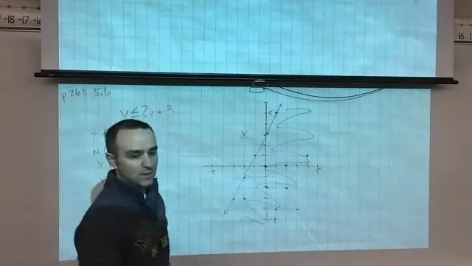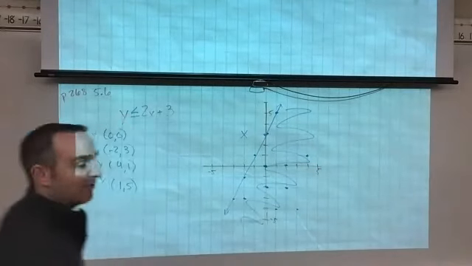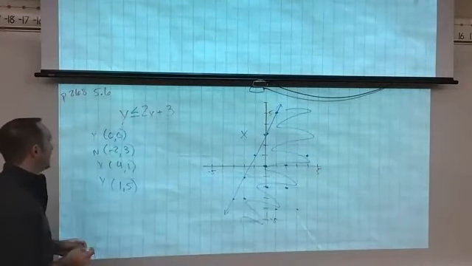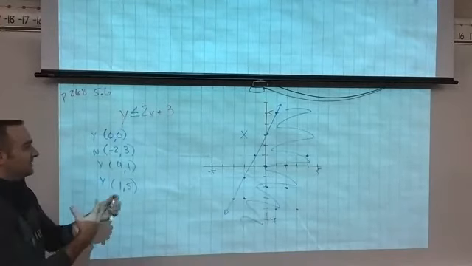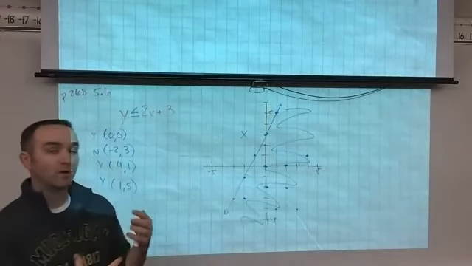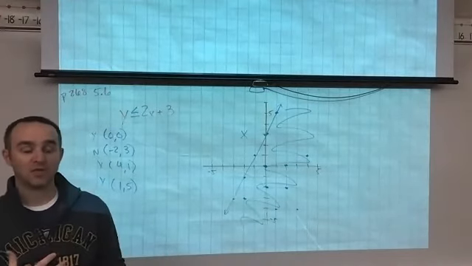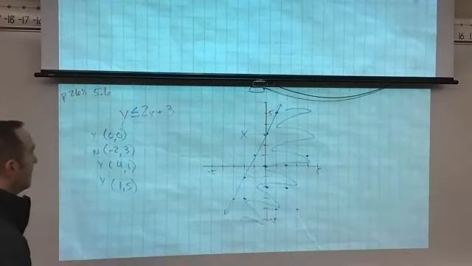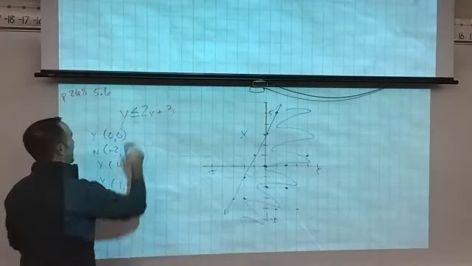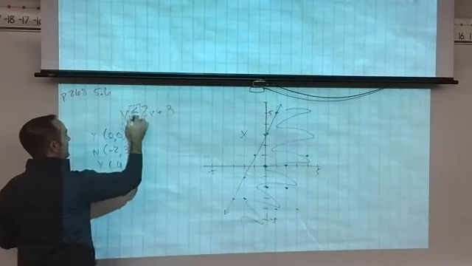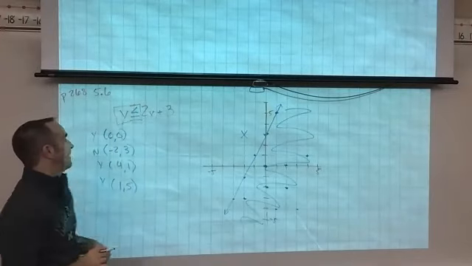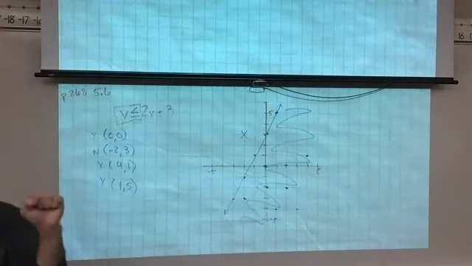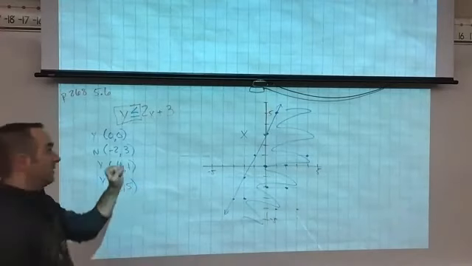Okay? So we got to figure out a way to be able to tell where we are going to shade and where we are not going to shade. We need to look at the symbol, and specifically the y and the symbol. If y is less than, y represents our points here.